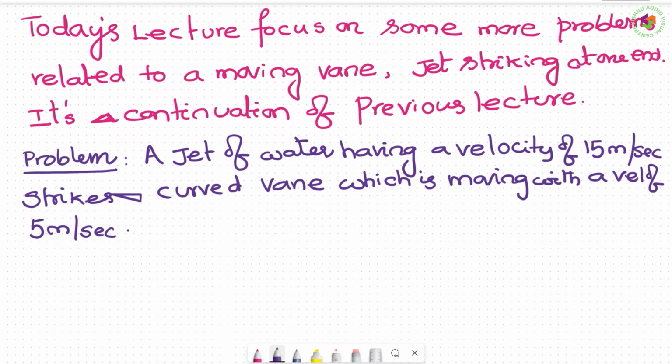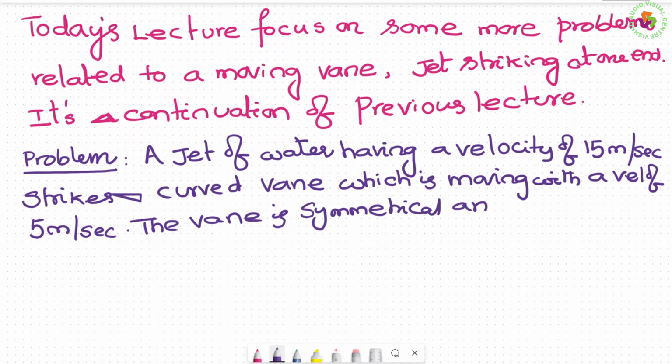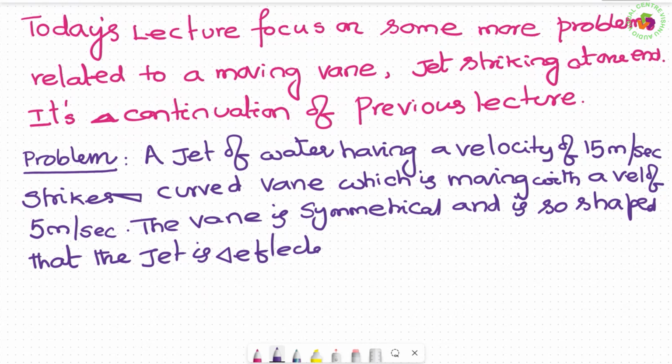The vane is symmetrical. This is a very, very important point. The vane is symmetrical and is so shaped that the jet is deflected through 120 degrees.